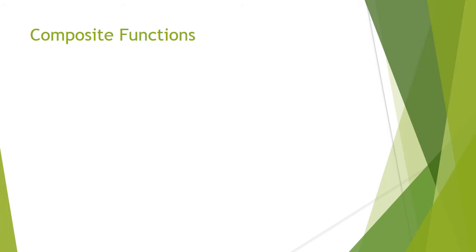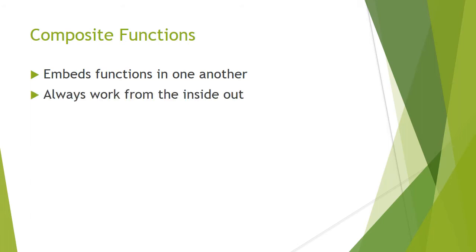All right, now composite functions. Composite functions, or oftentimes compositions of functions, basically embed functions in one another. So the big rule of thumb here is you always work from the inside function to the outside function. So here's the notation.